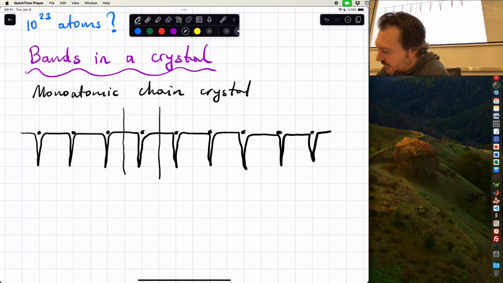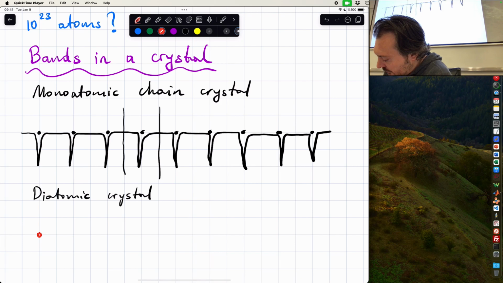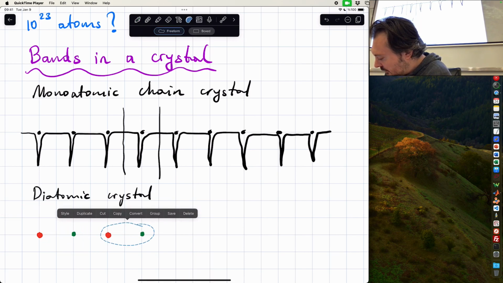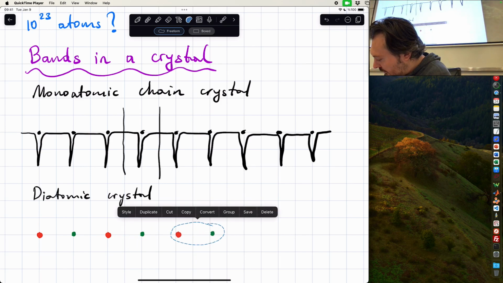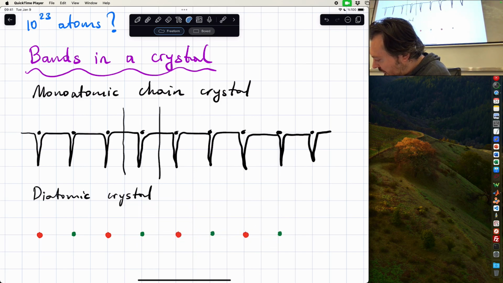I can have a diatomic crystal as well. Let me show you a diatomic crystal. Could be something like one atom, then the other atom, and then repeated. This is like a one-dimensional salt, right?